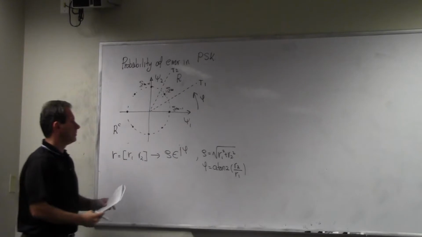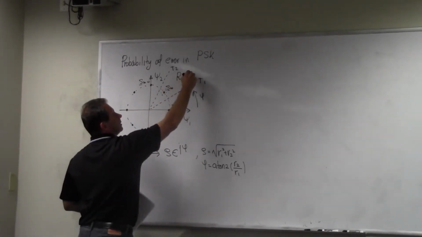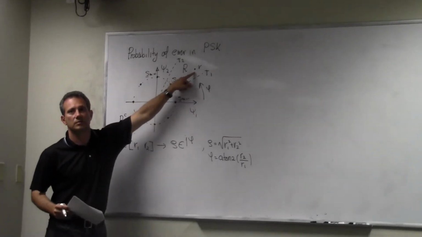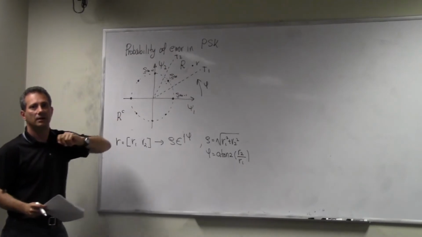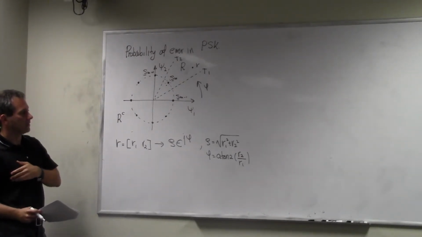In other words, I'm going to express my received point R in polar coordinates, as rho, the distance from the origin, e to the j phi, the angle that it forms with the psi 1 axis.